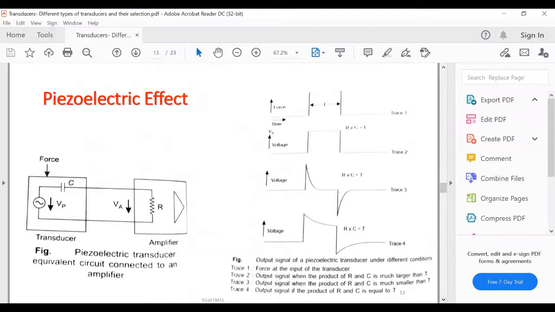So here, suppose Vp is measured across the material, and the material can be crystals, quartz crystals, or Rochelle salt, which have been cut at a certain angle with respect to the crystal axis.